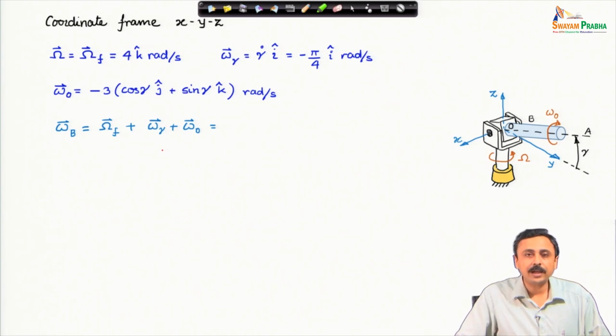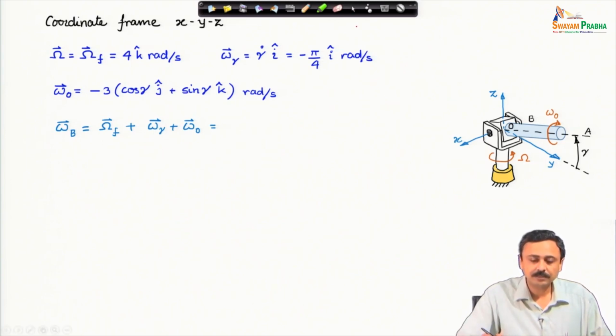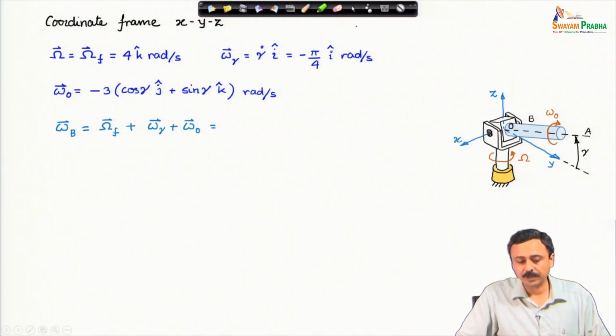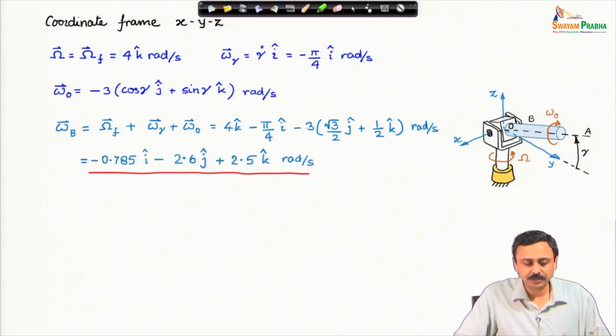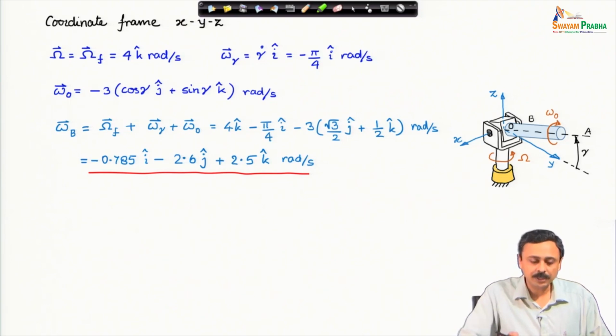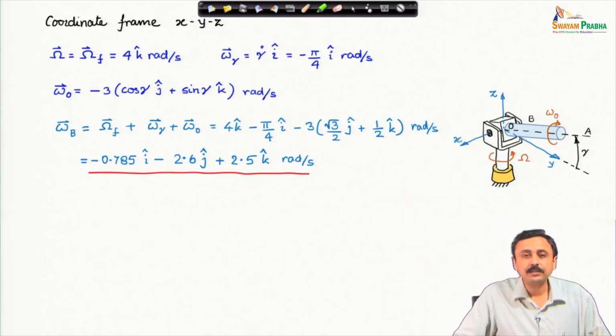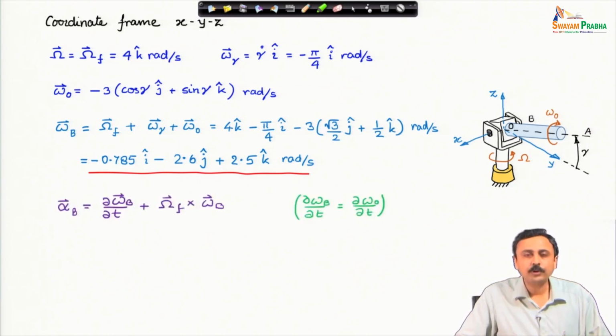Therefore, net angular velocity is omega frame plus the angular velocity relative to the frame, or as seen by the local observer. You plug in these vectors that we have derived, and we get the net angular velocity of the body, the shaft, and you can find out the magnitude of course.